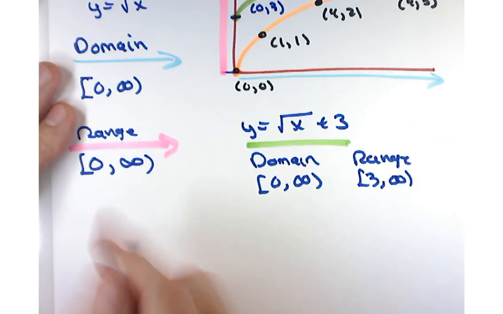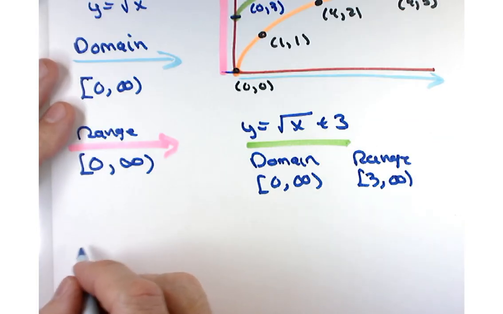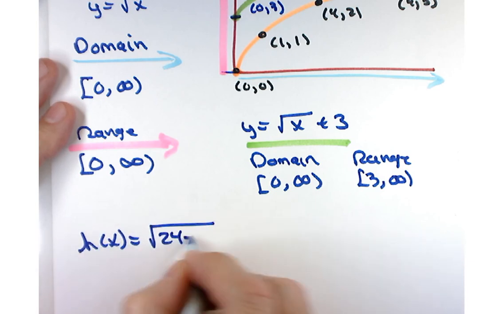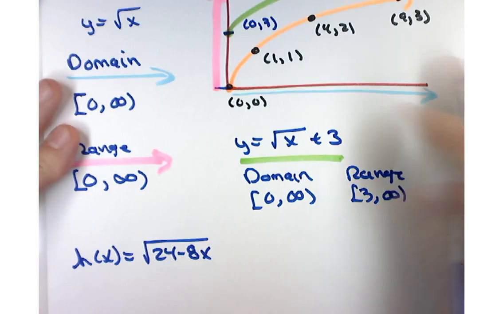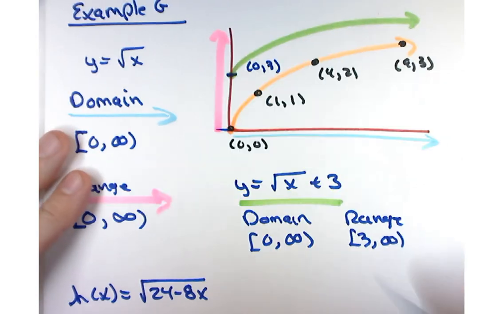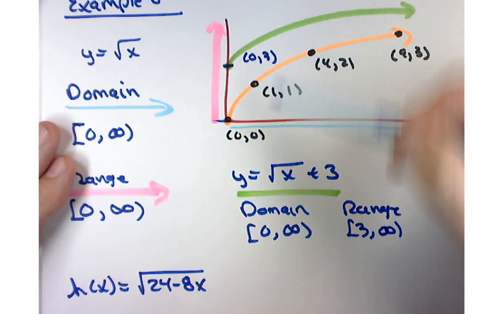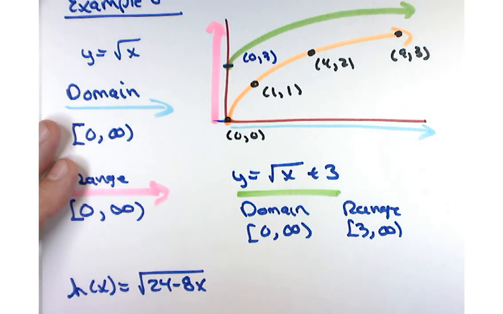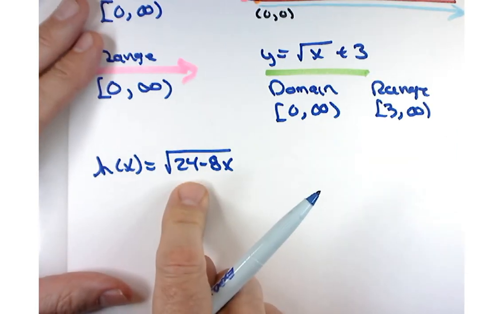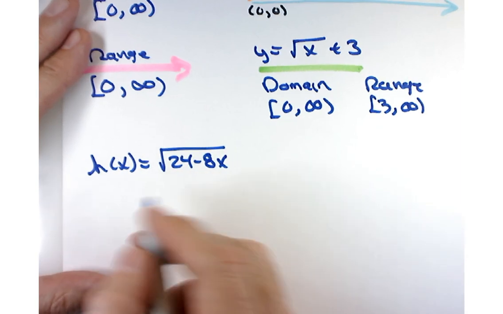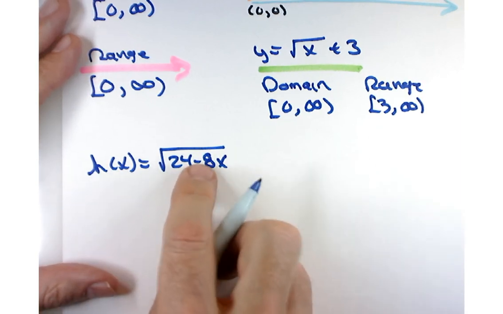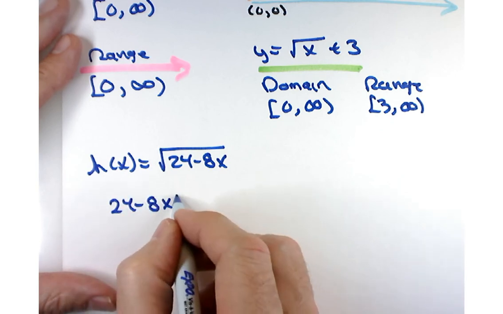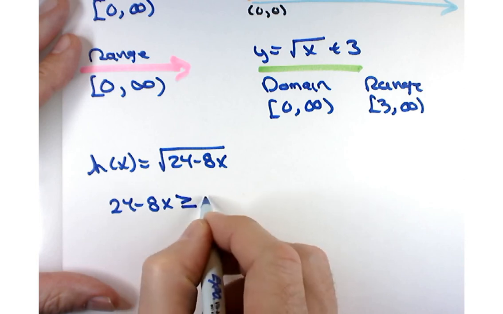Let's keep in mind what we did with domain and range there and find the domain of this function, h of x equals the square root of 24 minus 8x. What's nice is that with these functions, especially if you graph them, you can see a nice correspondence between domain and range. Domain, there's your x values, range is your y values. But I don't always want to graph things. I will with this one, but let's think about what has to happen underneath here. We want to make sure 24 minus 8x is greater than or equal to what number?